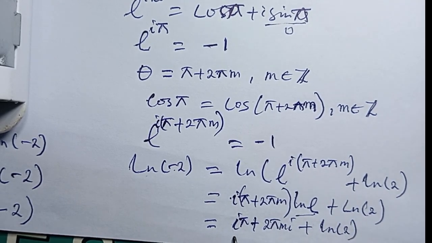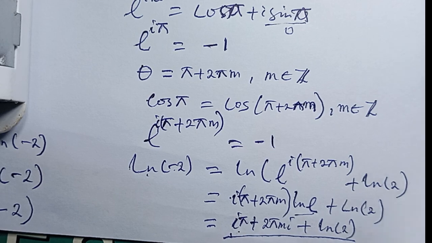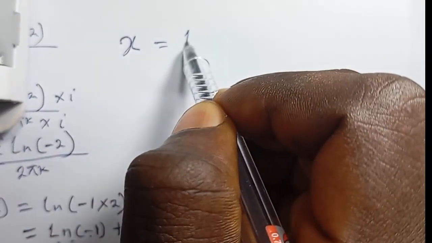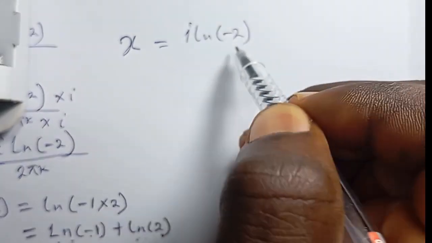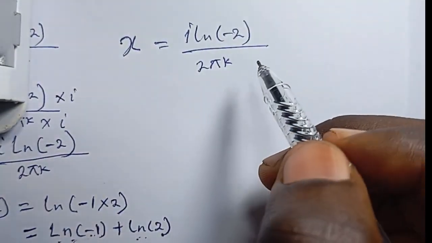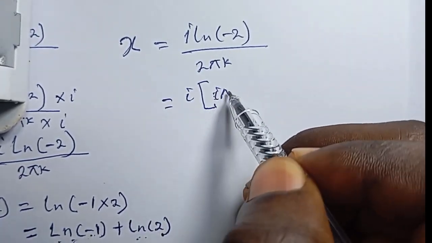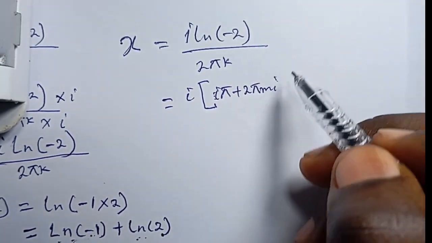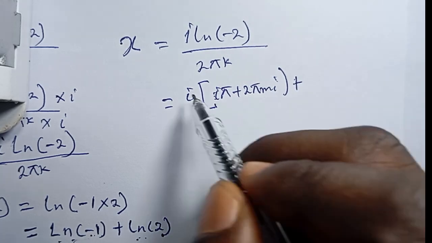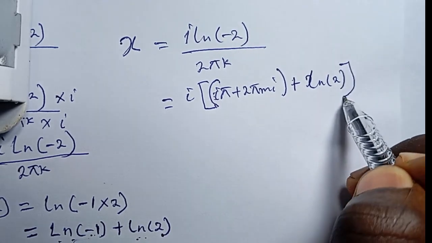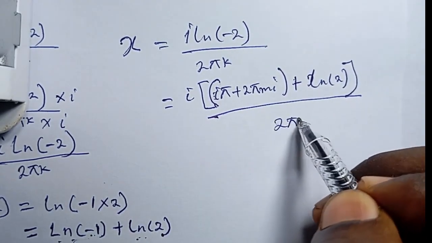So I am going to replace natural log of negative 2 with this expression, so that our x, which we got as i natural log of negative 2 divided by 2 pi k, changes to i times i pi plus 2 pi m i, plus natural log of 2, all divided by 2 pi k.